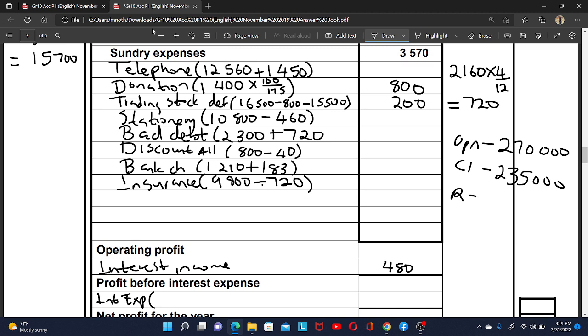Repayments is 85,000. So to get the interest, we're going to say 270 minus 85,000 minus 235,000.